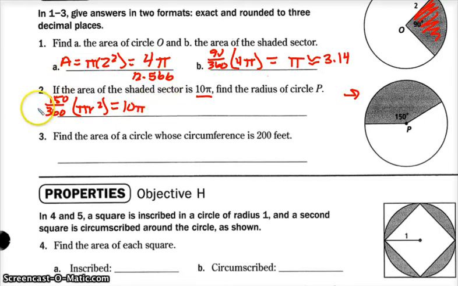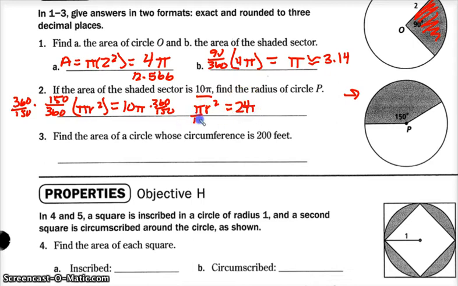If I multiply by the reciprocal on both sides, 360 over 150, I'll get rid of my fraction, and I end up with pi r squared equals 24 pi.